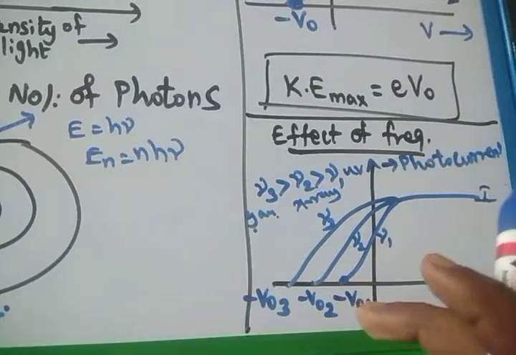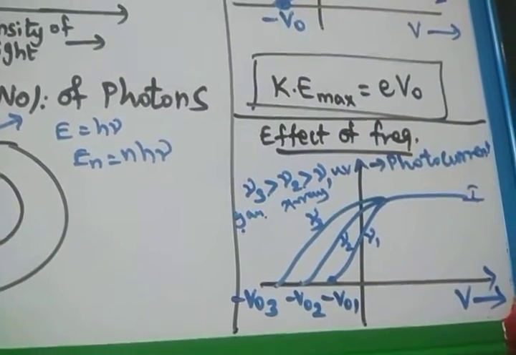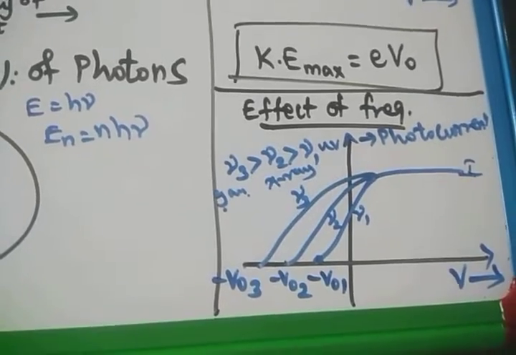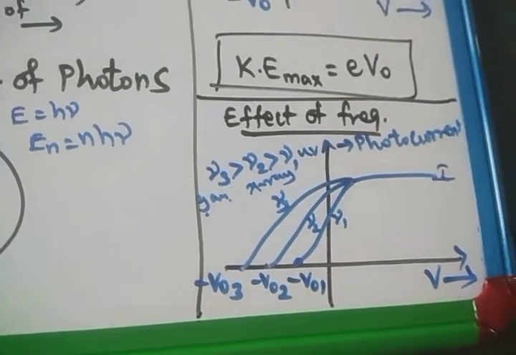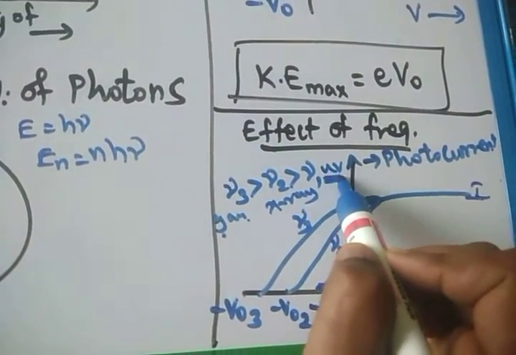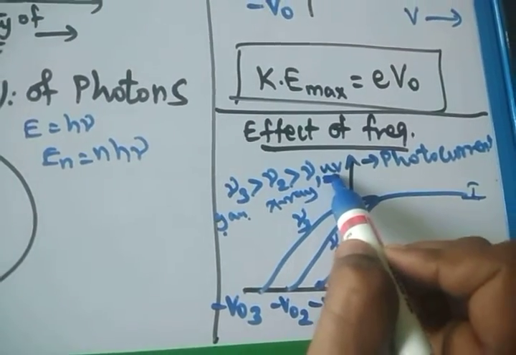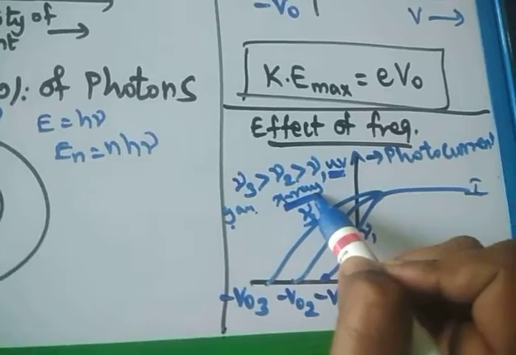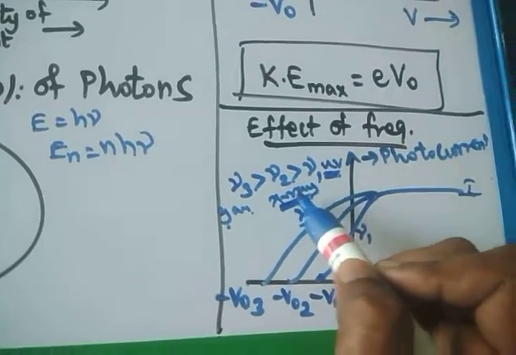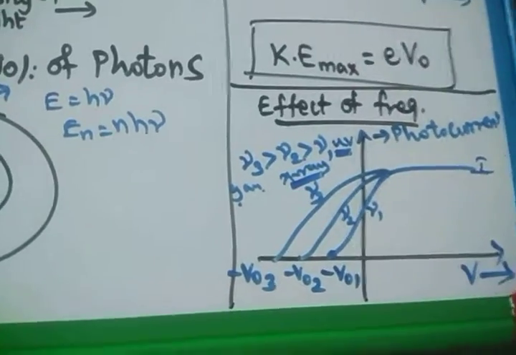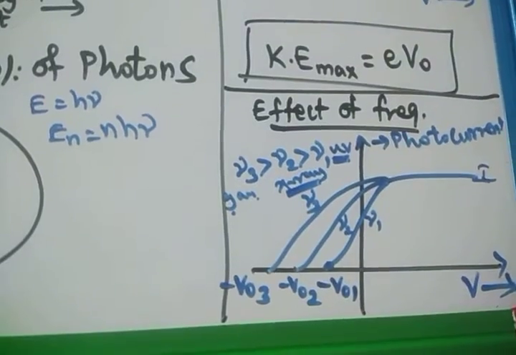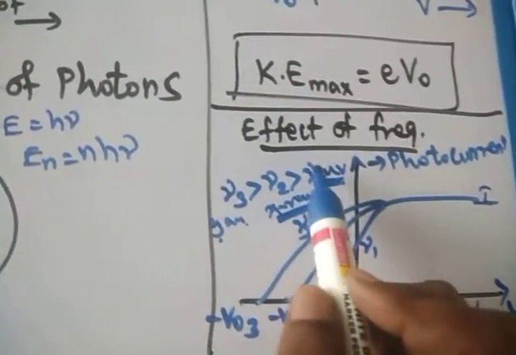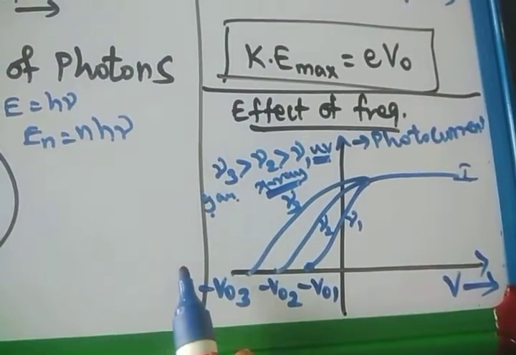For the same material, the same work function, the remaining extra energy is utilized as kinetic energy. In the first case, ultraviolet radiation, the work function is the same as for the X-ray radiation because the metal surface is the same. With the X-ray incident, the extra energy is sufficient, so the electron will move faster than when the ultraviolet ray emits photoelectrons.